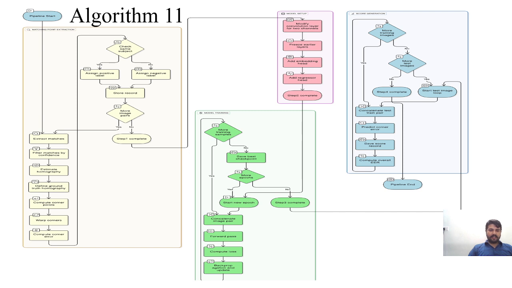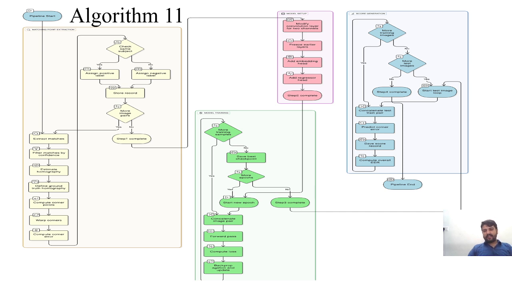And then in the training phase, I started the forward pass, computed loss, backward propagation, and updates. And this process continues over the whole training data set and validated on the validation data set, and the checkpoints are saved if the validation loss improves.